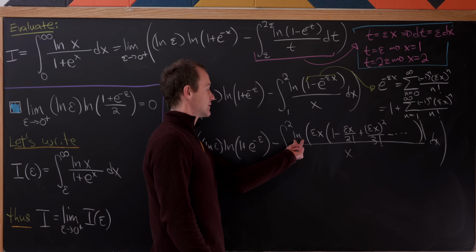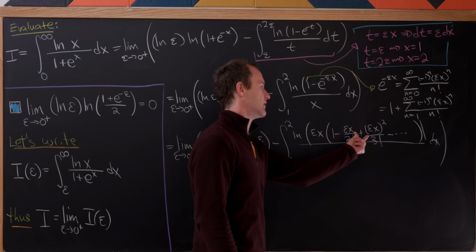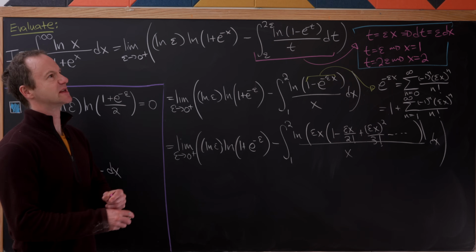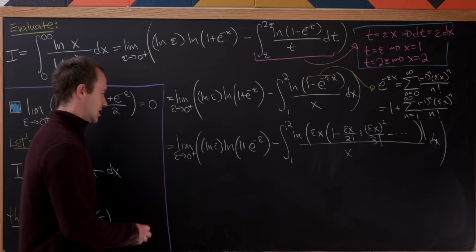Well, notice that this is really the natural log of a product of things. We have epsilon times x and then the rest of this stuff. So we can split up the natural log of a product into the sum of natural logs.